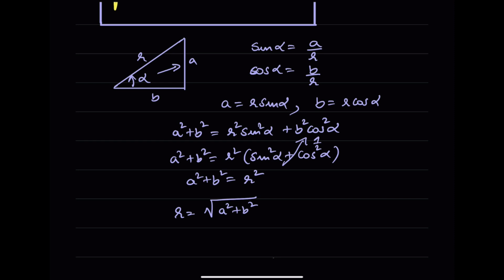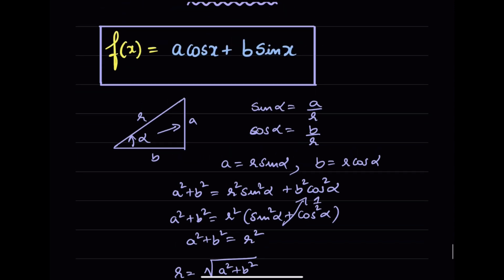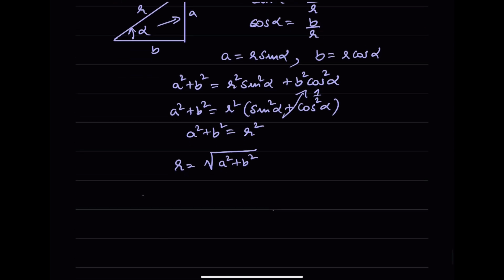Now let's go back to the function. We have to find the maximum value of a cos x plus b sin x, any equation of that format. So let's consider f of x equal to a times cos x plus b sin x. Now let's apply the values of a and b which we found earlier.